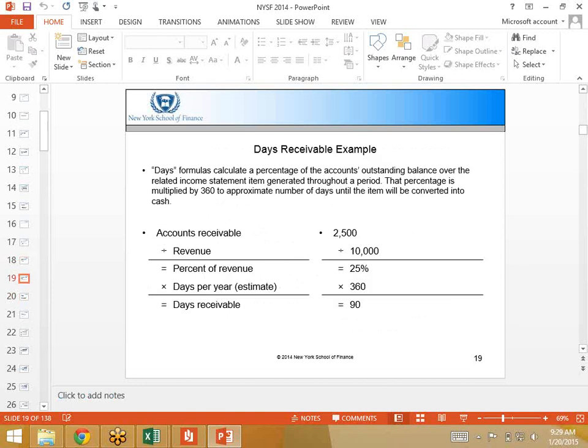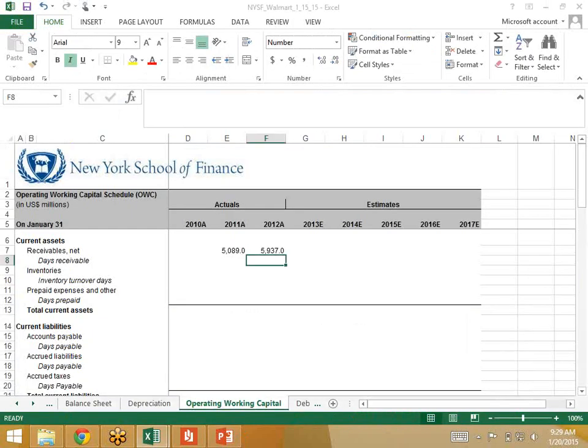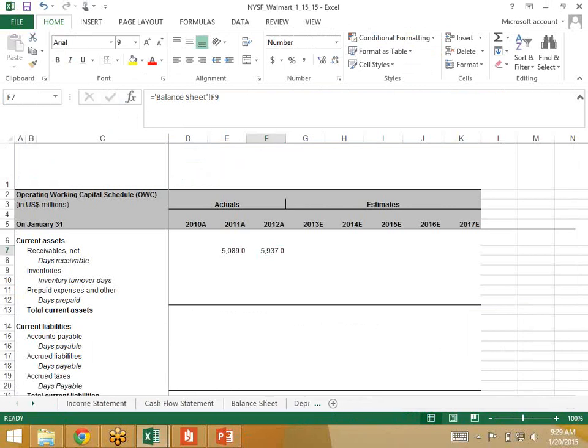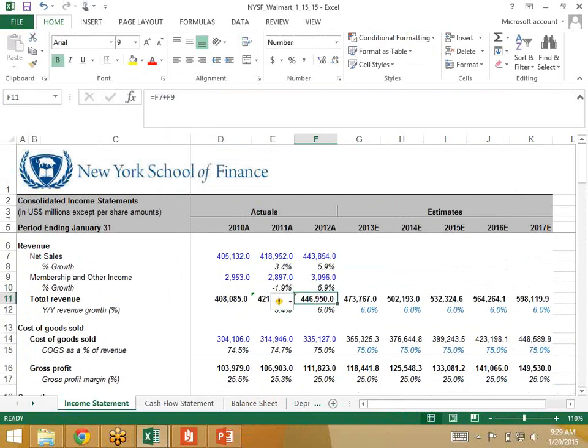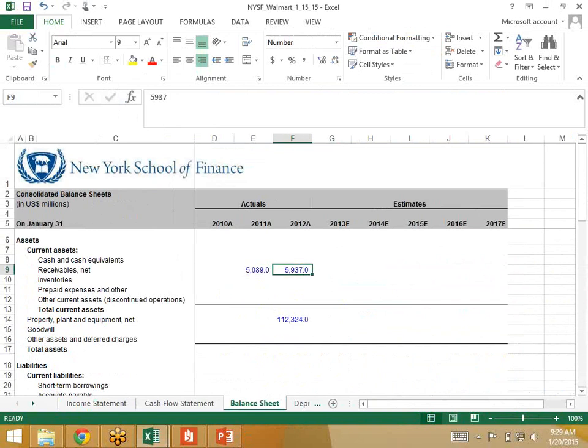But in modeling, accounts receivable, balance sheet line items are an ongoing balance, right? So in other words, what did Walmart produce in 2012? Walmart produced $446 billion in sales over a period. The balance sheet information, though, is what's outstanding at a certain point in time.